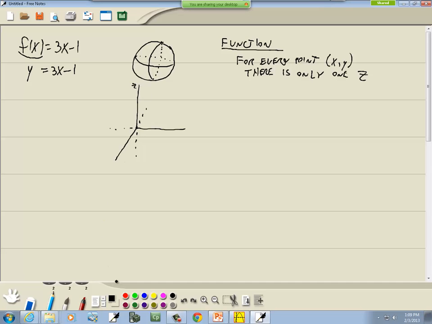For a particular point, if I pick it in the middle of the sphere, then this one would fail, because there'd be two different x, y values that would give me the same z value. There'd be one over on this side, and one over on this side. For all three of these points, your z value would be the same because your z is up and down.